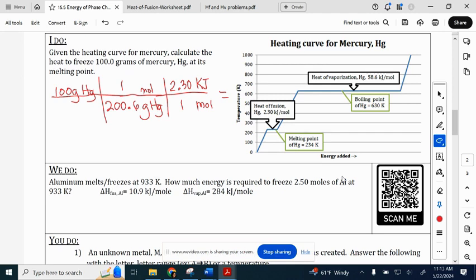So I've got 100, 200.6, 2.3. So I ended up with 1.15. Oh, no, I should do 4 sig figs, shouldn't I? We're talking about sig figs. You guys have those on your exam. So that would be 4.7. I needed 4 sig figs because this was my measured amount. And that would be kilojoules of energy.